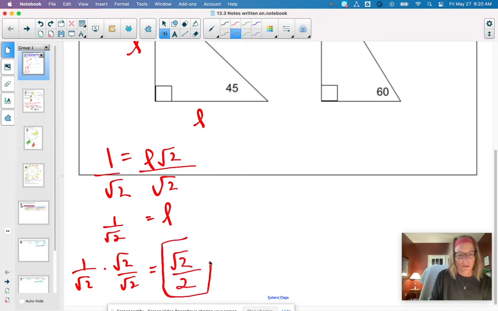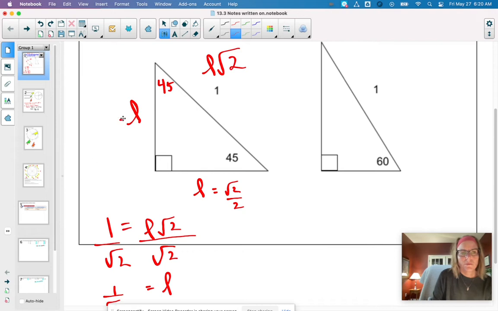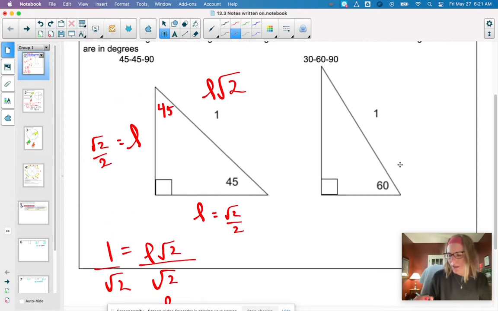And so what we just found right now was L. So root 2 over 2 and root 2 over 2. And there's a reason that we're using 1 as the hypotenuse in both of these, and I'll explain that in a little while here. This other one is a 30, 60, 90.